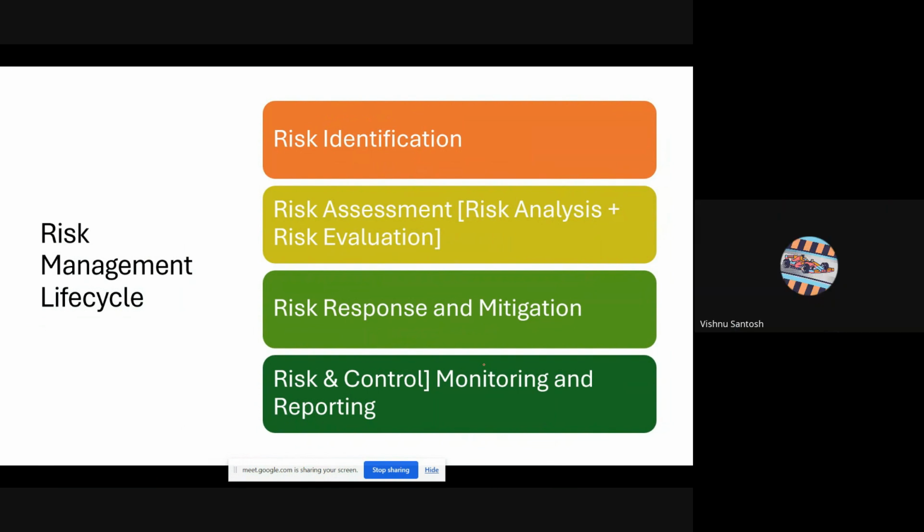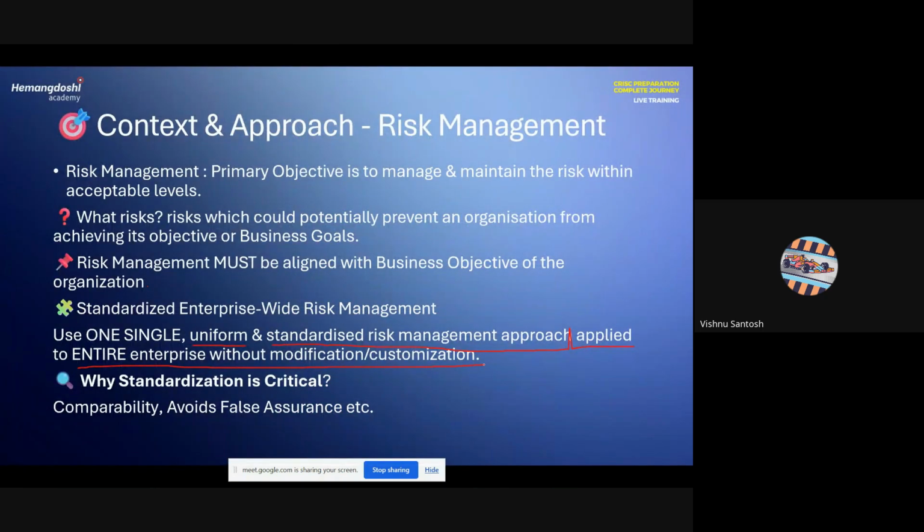I have one question. Can you just go to the previous slide? Sure. As you said, it should be a unified, uniform and standardized risk management approach across the entire enterprise without modifications. So we generally assess risks from vulnerability risk management, vendor risk management, and other risk management like IT risk management as well.